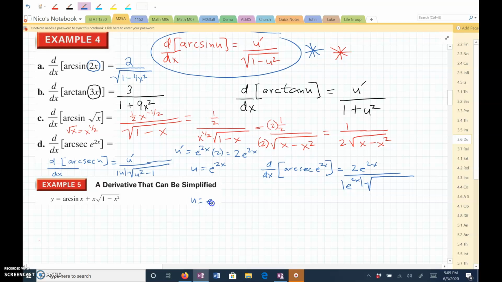Well, u squared would be e to the 2x times e to the 2x. When you multiply like bases, you add the exponents, so this would be e to the 4x, so e to the 4x would go here, plus 1.